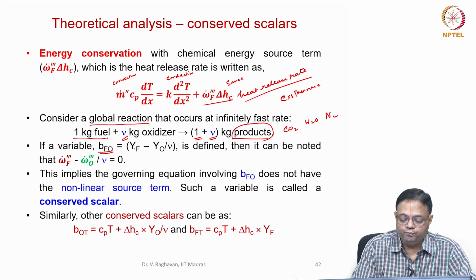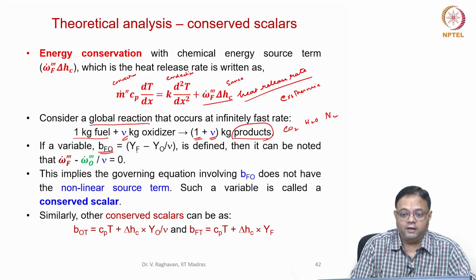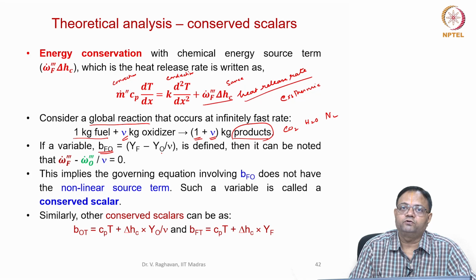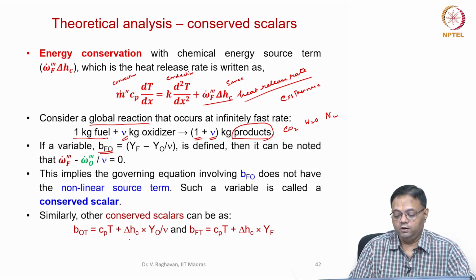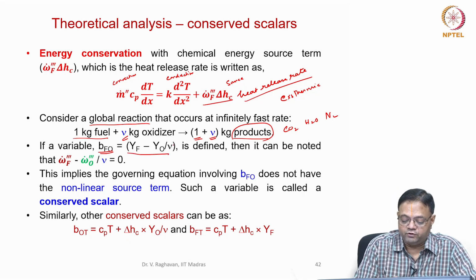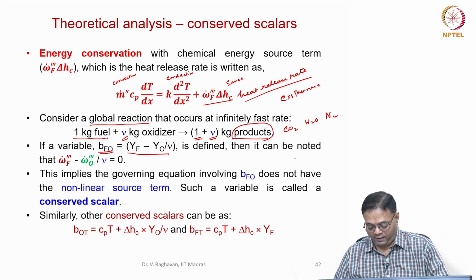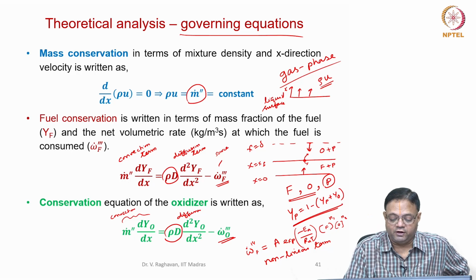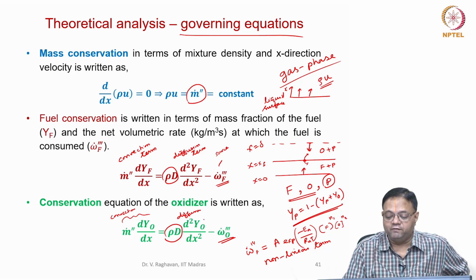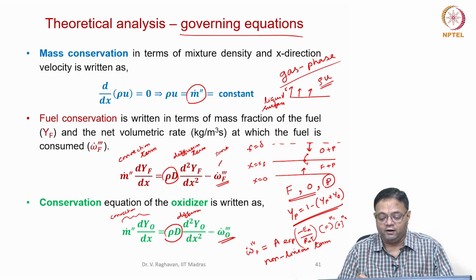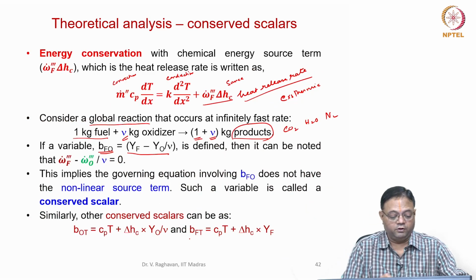That means the rate at which fuel is burning will be equal to the rate at which oxygen is burning by nu, correct? So, if you go back and add this equation plus this equation divided by nu, let us see the source term.